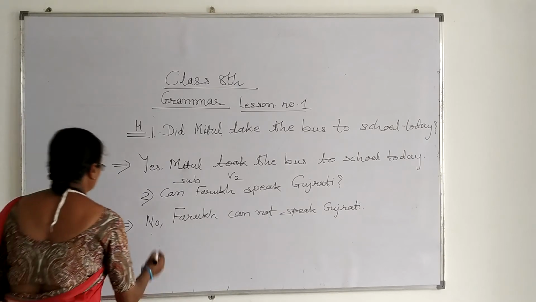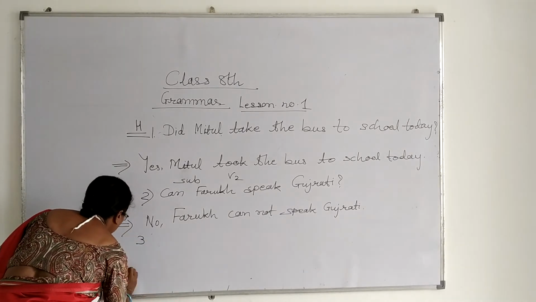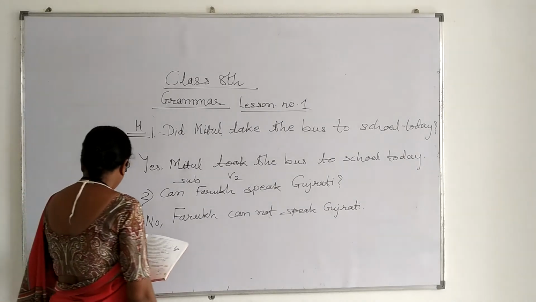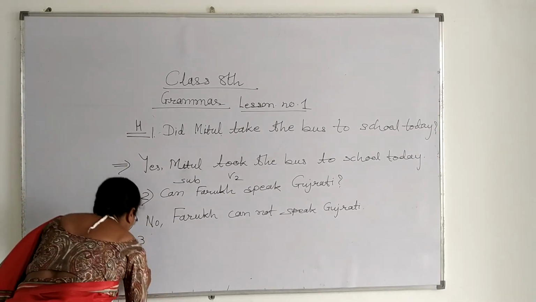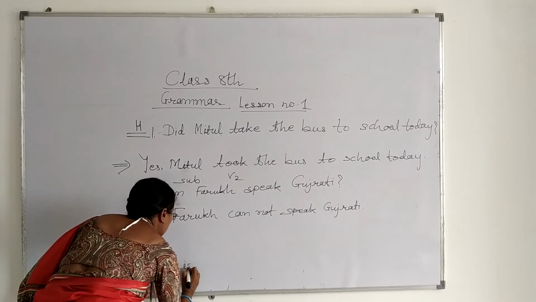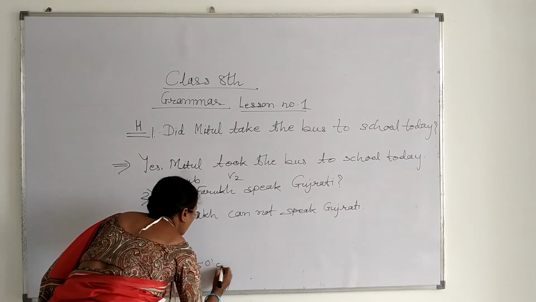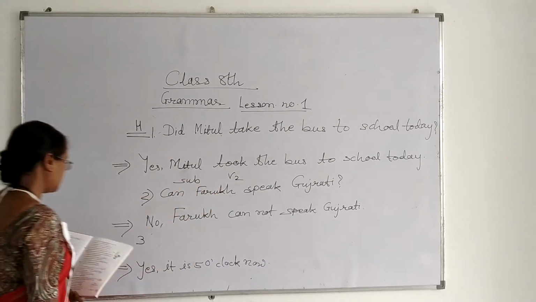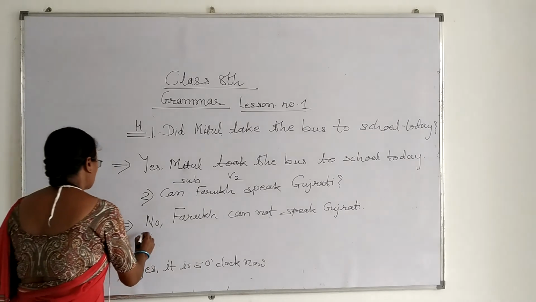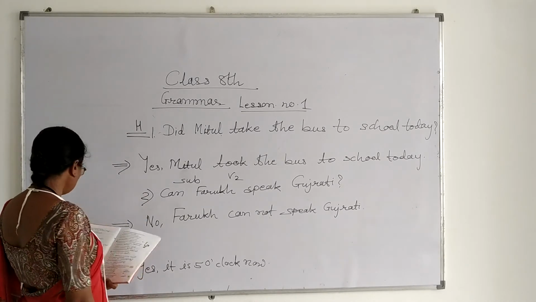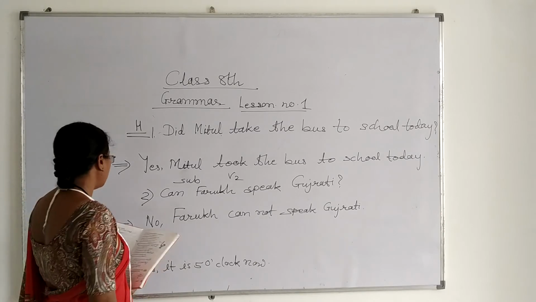Let's see the third also. I am writing firstly the answer. The answer is: Yes, it is 5 o'clock now. Okay, and what can be the question? Is it 5 o'clock?